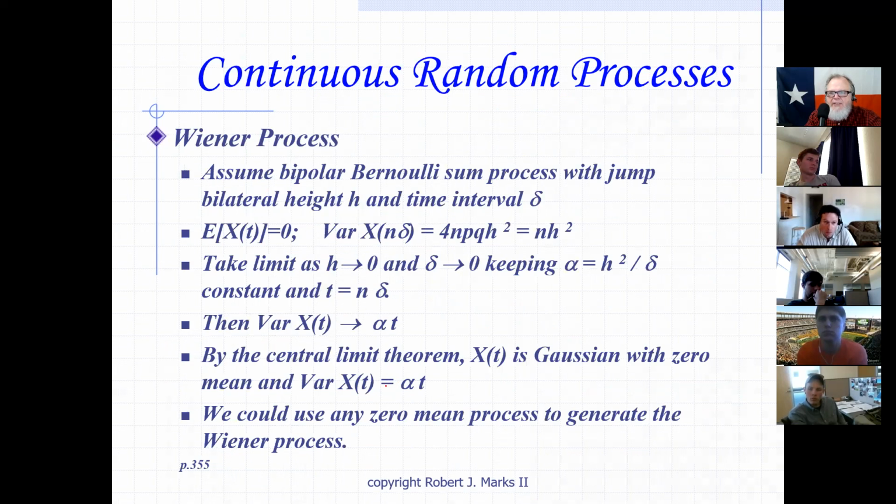Okay, and then next time we get together, we'll talk about the Wiener process. This is named after Norbert Wiener, who has the coolest name in the world, Norbert Wiener. He's the father of cybernetics. Norbert Wiener actually derived the term cybernetics. He invented it.